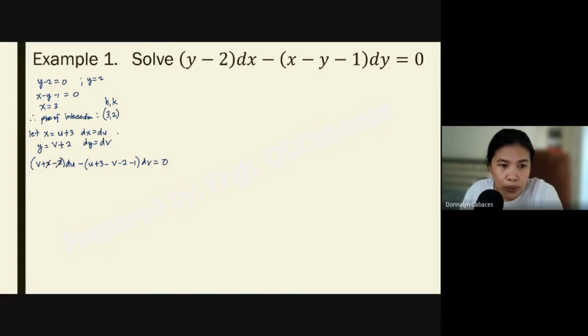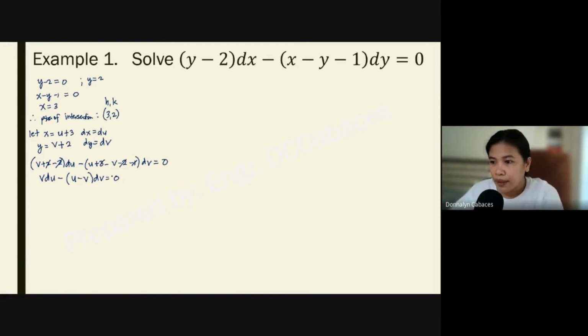Positive 2, negative 2 is 0. 3 minus 2 minus 1 is 0. So remaining now, you have v du - (u - v) dv = 0.